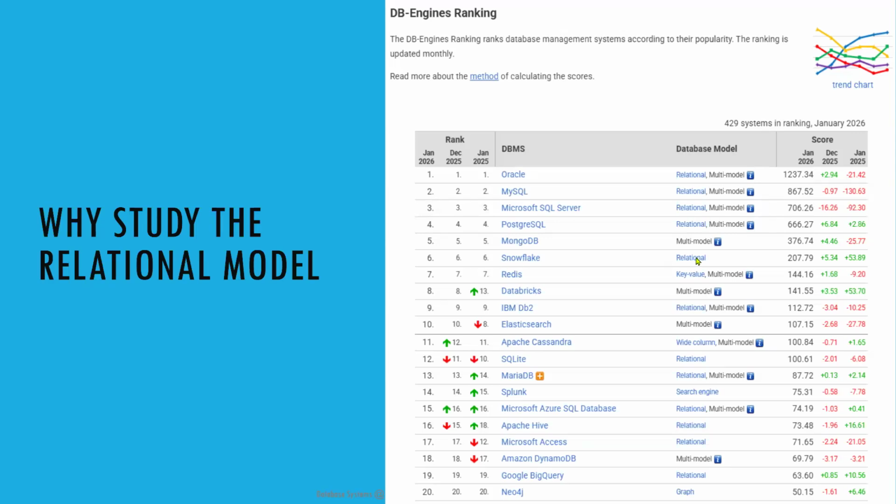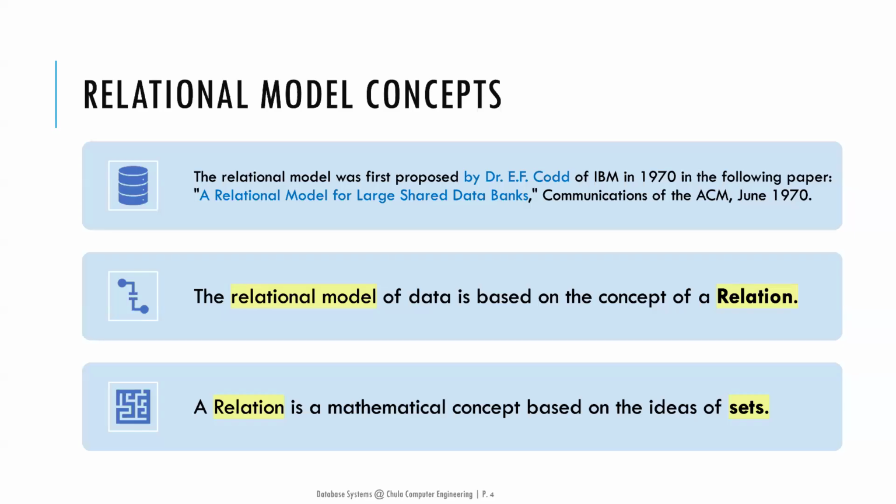You can see that it's relational only, or here SQLite, relational only, Microsoft Access, Apache Hive, and Google BigQuery is just relational. So that is the reason why we still need to learn about the relational model, not only NoSQL. So we will cover NoSQL for sure, but for now, we are going to focus on the relational model first.